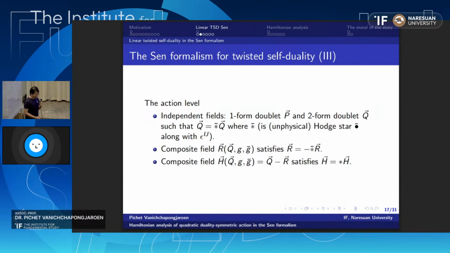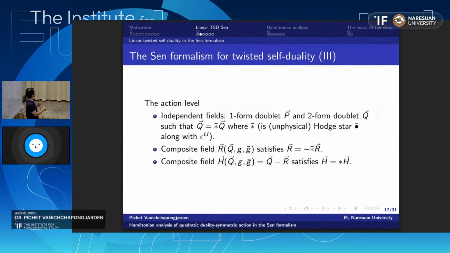And at the action level, the independent fields actually consist of a one-form doublet, I mean the vector P, where they have got one index, and two-form doublets Q. Two-forms mean they have two indices and are antisymmetric, and such that it satisfies the twisted self-duality condition, but basically in the unphysical sector, where star bar is the unphysical Hodge star along with the 2x2 matrix of epsilon.